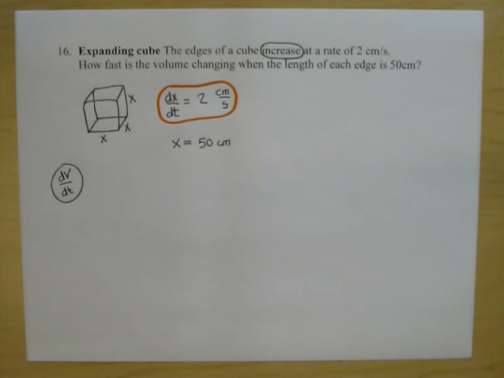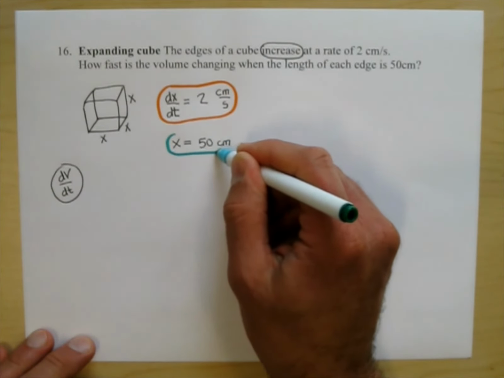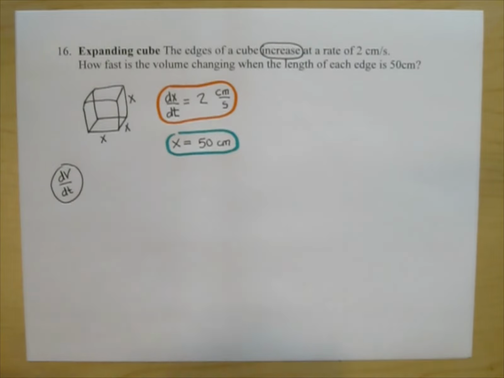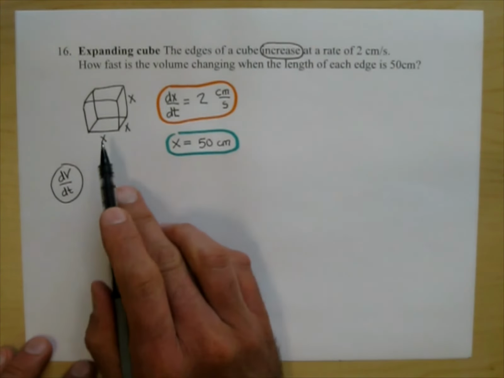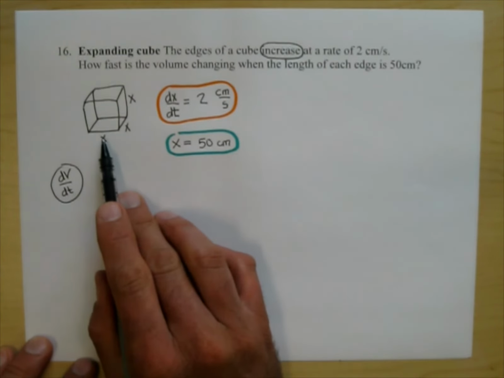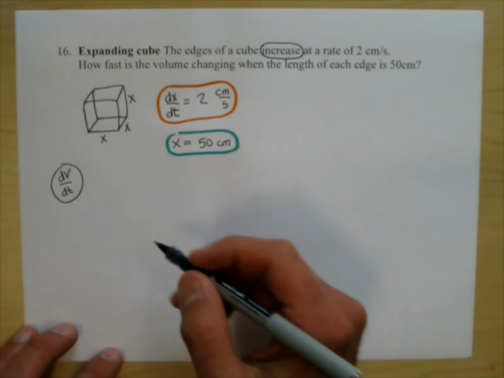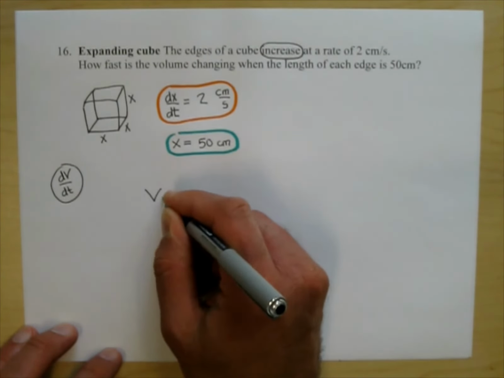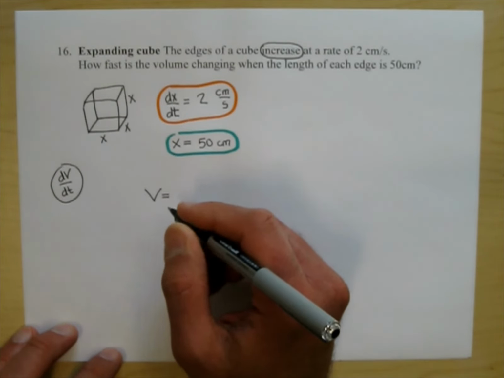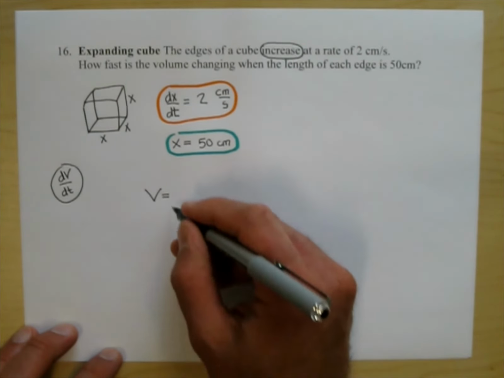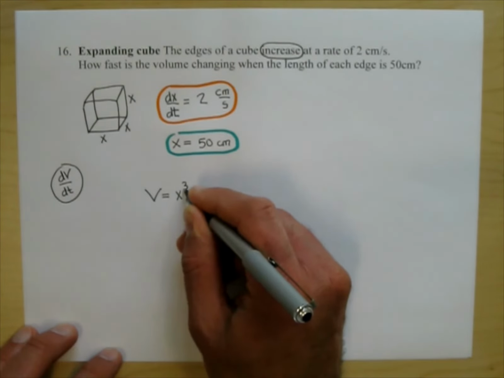So we'll go ahead and use green for that. Do we know a formula that has V's and X's in it? Volume and the side of the cube? Yeah, we do. Hopefully you know that the volume of a cube is length times width times height, or just x times x times x, x cubed.